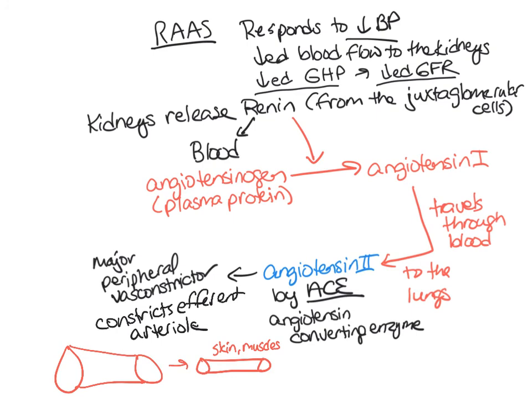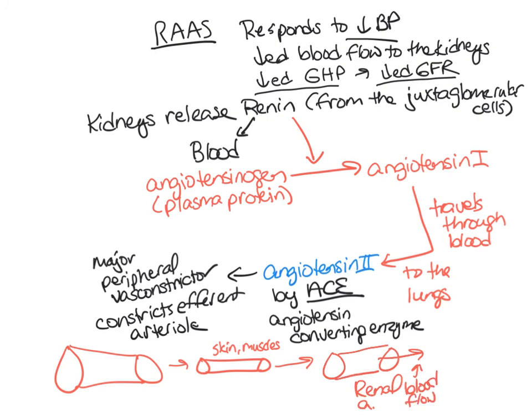But what it does do is push the blood towards those blood vessels that are not vasoconstricted, like the renal artery. The renal artery is not vasoconstricted, so we get increased blood flow to the kidney.